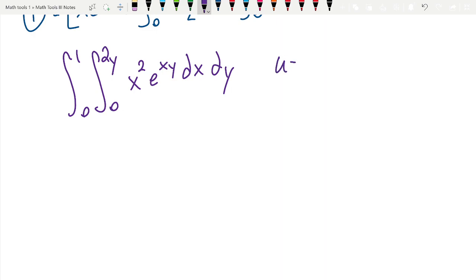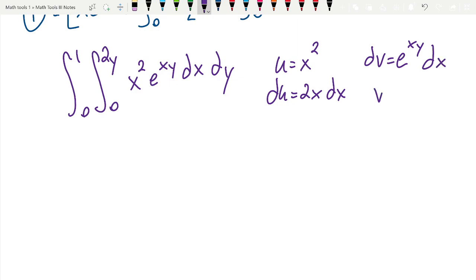So anyway, we'll go u is equal to x squared, du is 2x dx, dv is e to the xy dx, and then v is going to be 1 over y e to the xy, since y is the constant here.